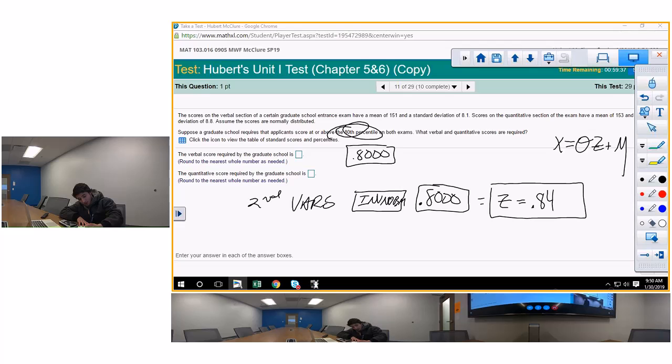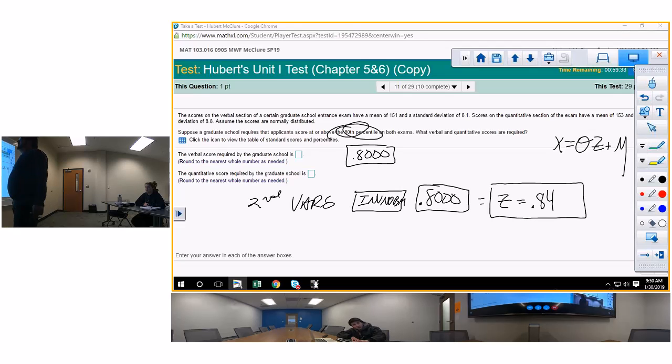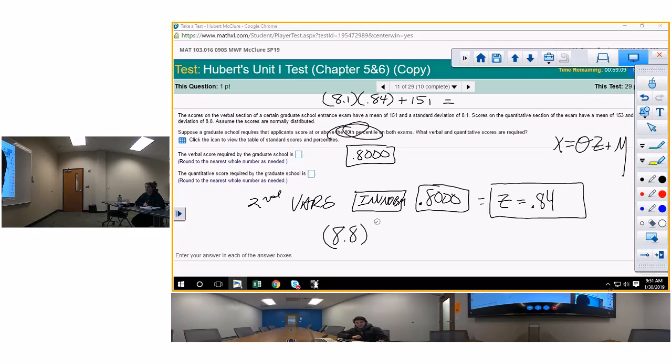Yes. Okay. So, what do I do now? σz plus what? μ. So the first one, σ, 8.1 times 0.84 plus 151. And the second one is 8.8 times 0.84 plus 153.